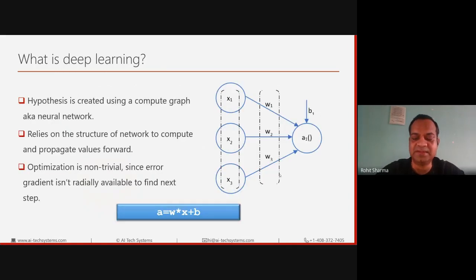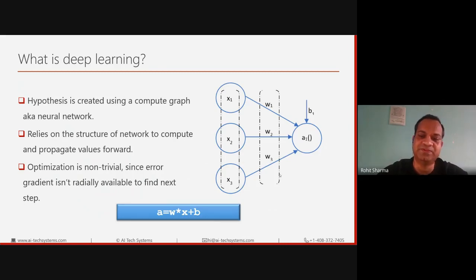So what is deep learning? Essentially, let me talk about one layer, an oversimplified version of a layer. So we create a hypothesis using a network, and we say this function, the input that we have, we can train our neural network of 3 layers with X number of inputs and Y number of outputs with these many neurons in every layer and connected together in a form called network.